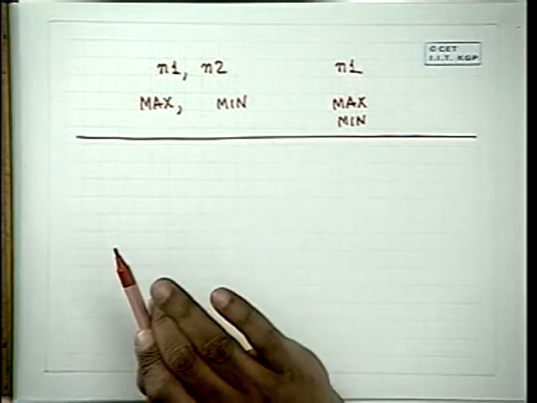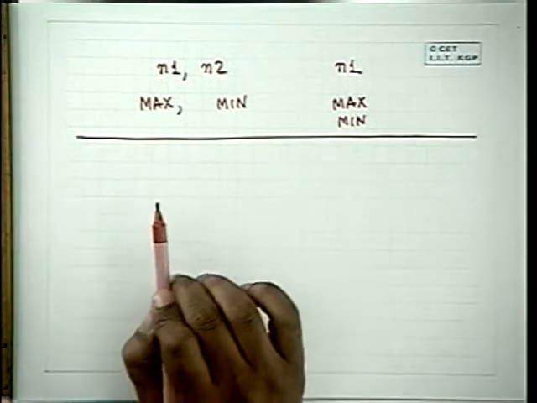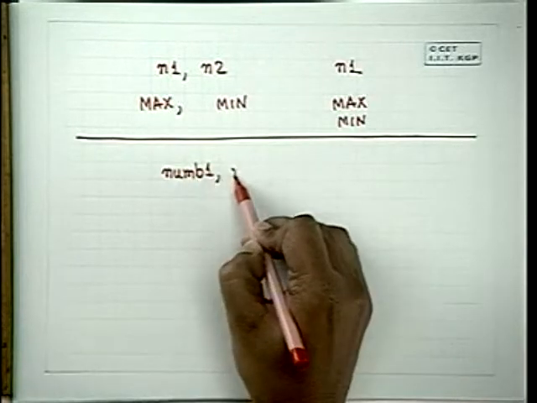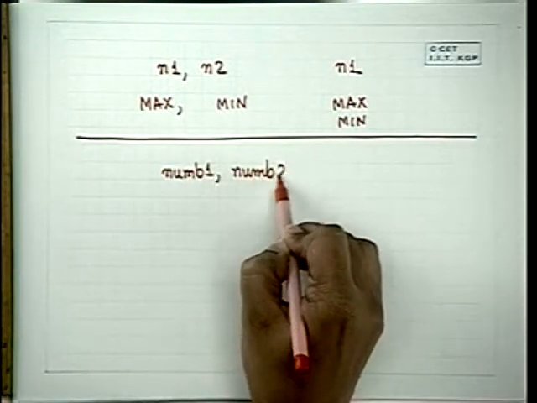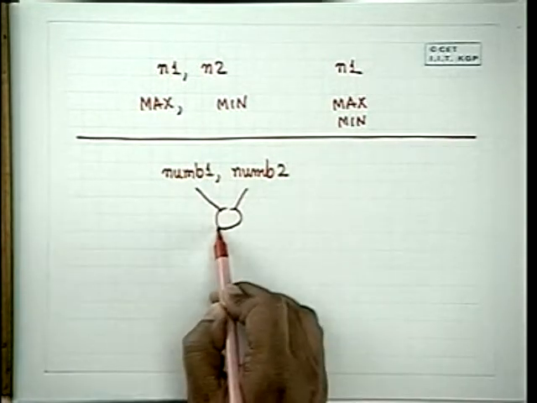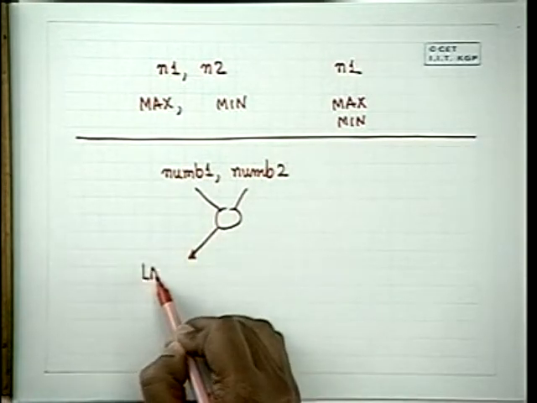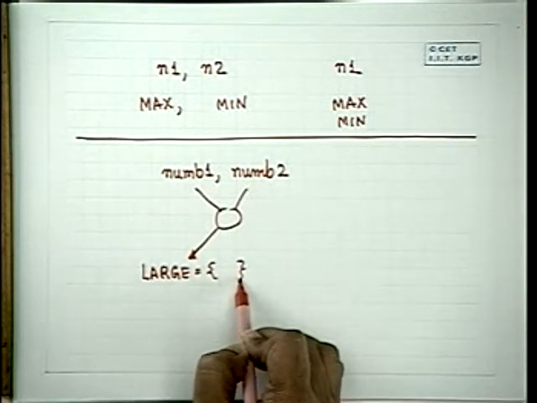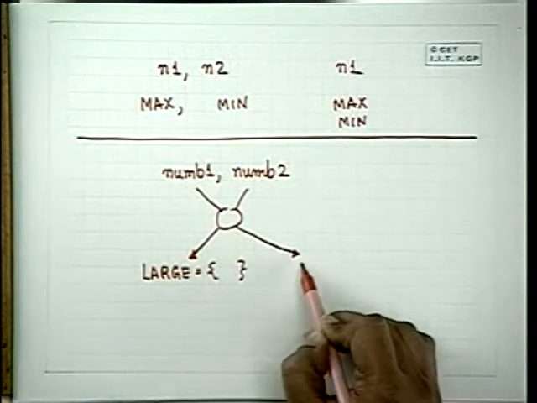That's the first part. And then what you do is, you could have just read the numbers pairwise. Say you read the numbers two at a time, num1 and num2, and compare them. The larger one you put in a set large, and the smaller one you put in a set small.